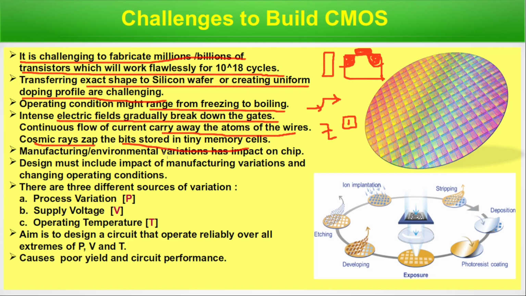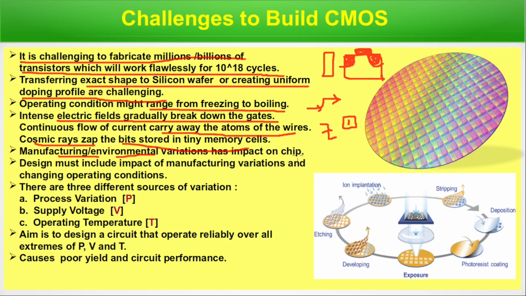Another is manufacturing or environmental variation has impact on chip. This temperature is going up, down. Continuous electrical field is carrying away the atoms of the wire. So basically structure of wire or interconnects is getting changed. So all of these manufacturing variations, environmental variations, all have impact on chip.